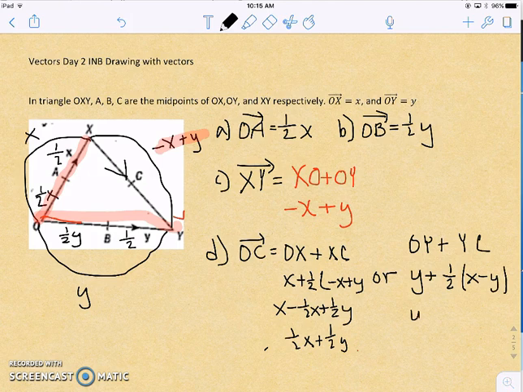So this would be Y plus half X minus half Y. And simplify, we get the same, oops, that should be an X. So we have half X plus half Y.